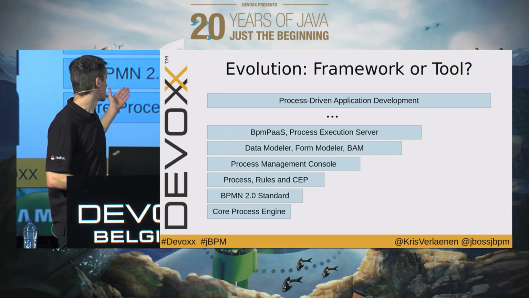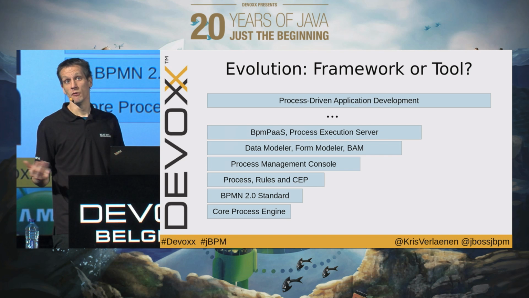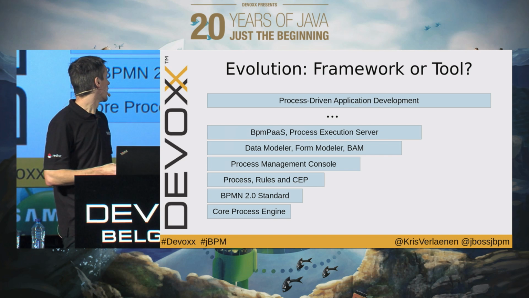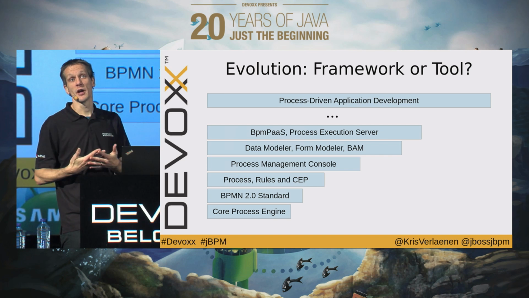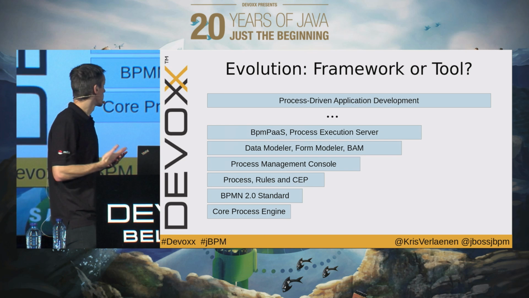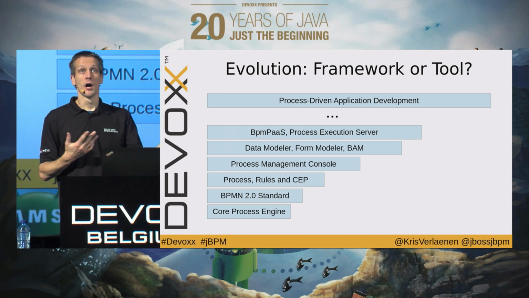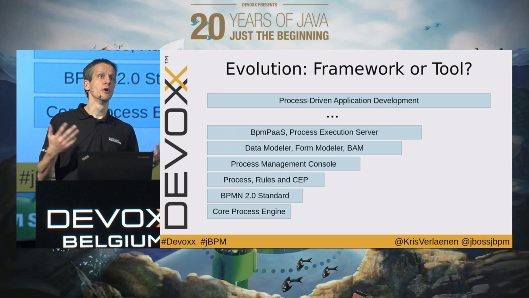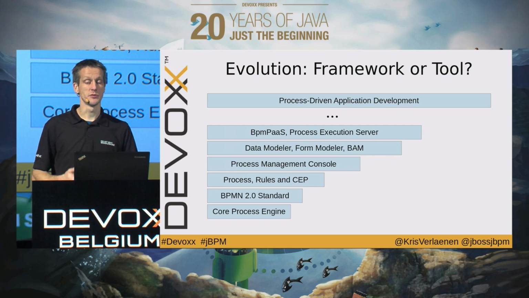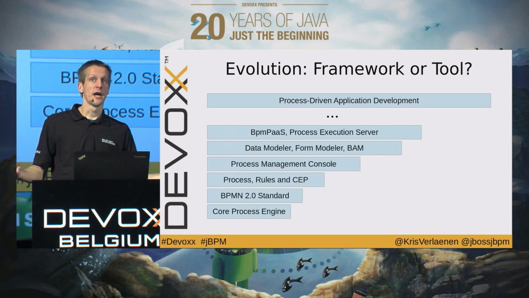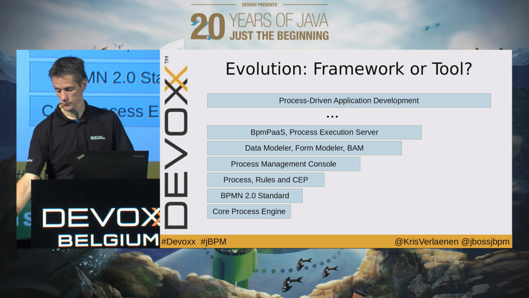And complex event processing is about processing a high volume of events. And if you combine these three paradigms in one, you have a very powerful solution where you can pick whatever technology is best to solve part of your problem and combine all of them to solve your entire problem.